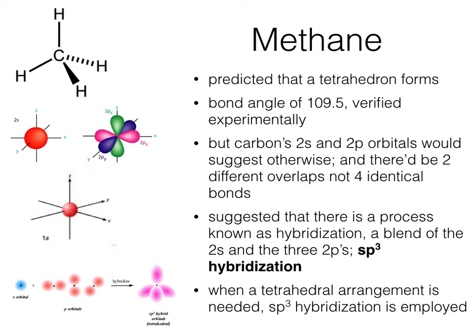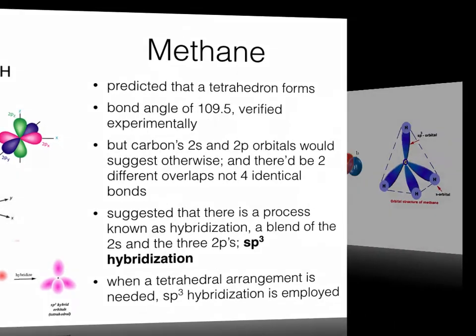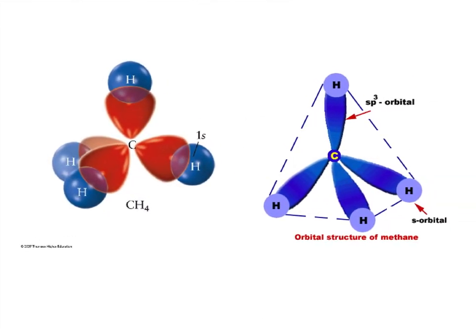Here you see what that looks like. You can see the 2s and then the three 2p suborbitals being combined into four equivalent sp3 orbitals. And so when we bring those four hydrogens to the carbon atom, you can see in these two depictions how the hydrogen 1s orbital will be able to overlap the sp3 hybridized orbitals of the carbon atom.